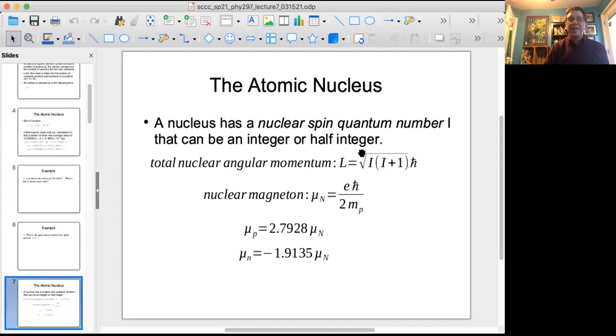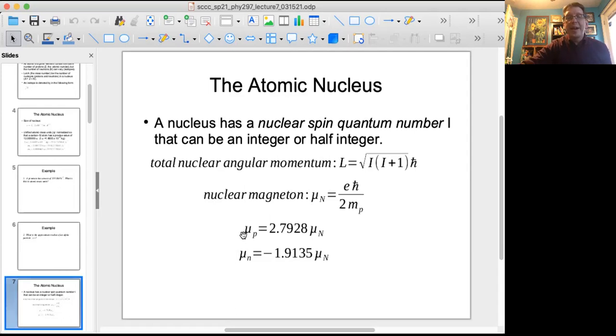And so we're going to define what's called a nuclear magneton. That's equal to e times h bar divided by 2 times the mass of the proton. So that's a constant that you can figure out.